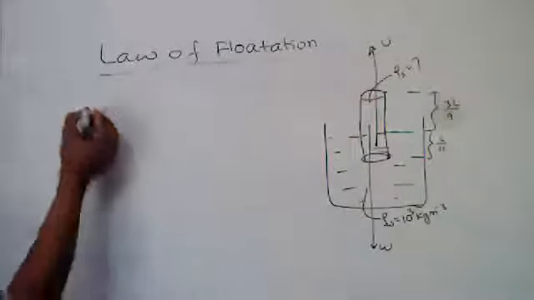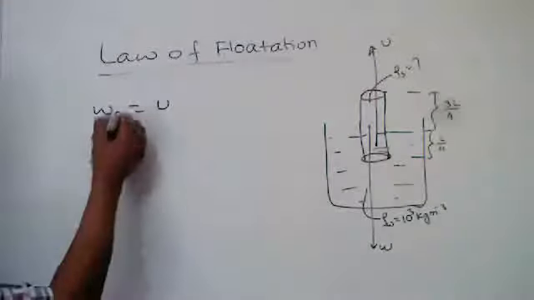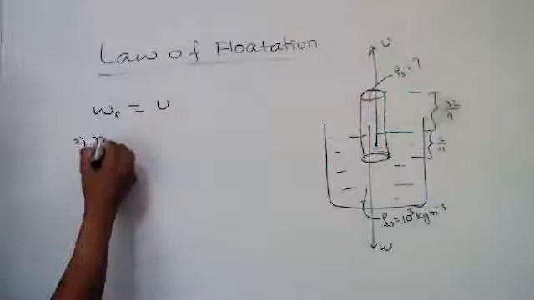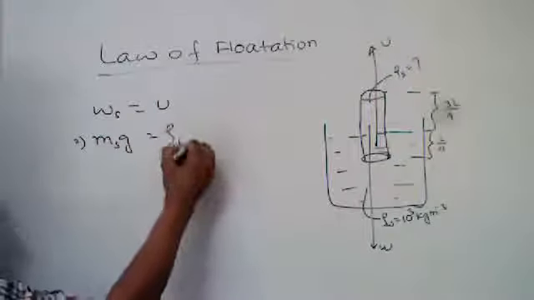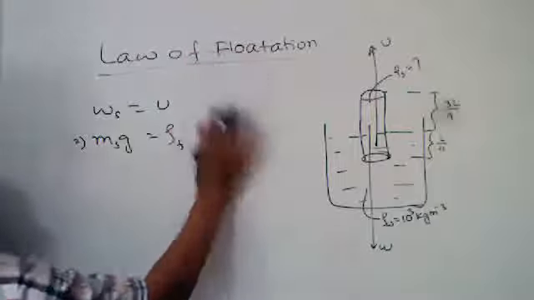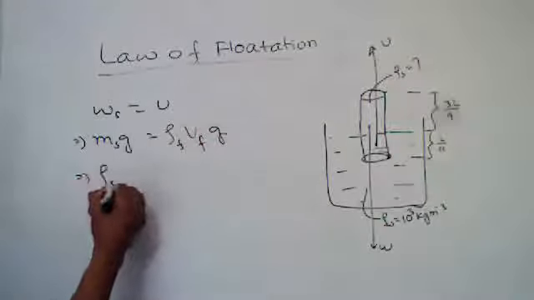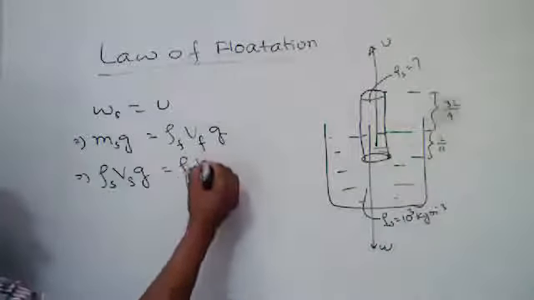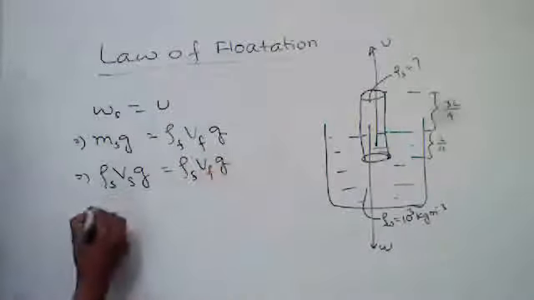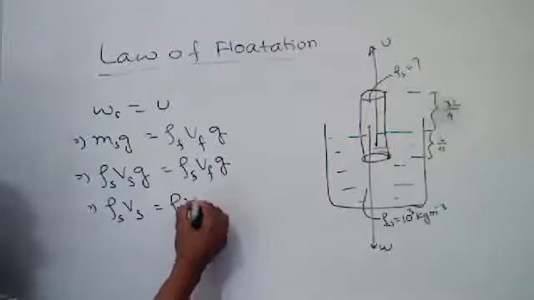W equals U. So MSG equals rho F VF into G. So we can write rho S VS G equals rho F VF G, so rho S VS equals rho F VF.